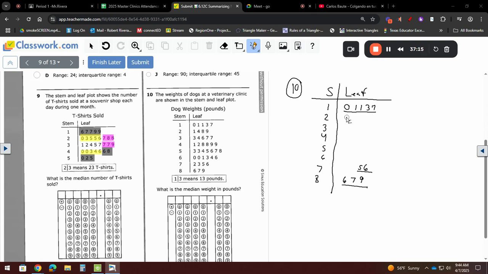The next 5. 1, 4, 8, 9. And who will be the next 5? 3. So guys, from the top we're going like this. And from the bottom we're going the other way. So they already took care of 5.